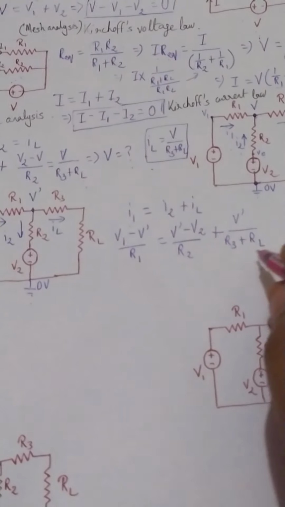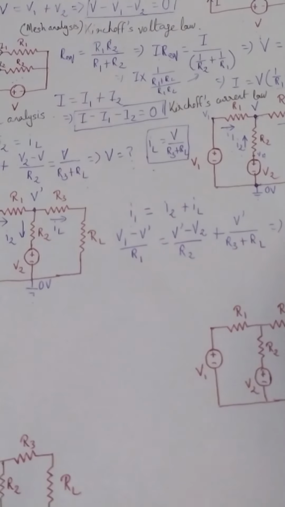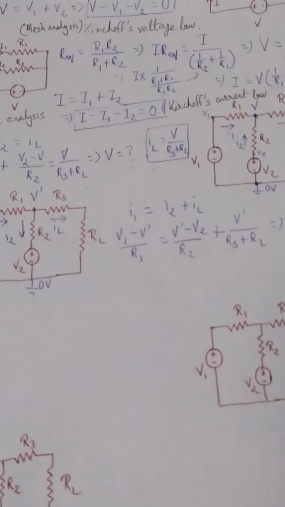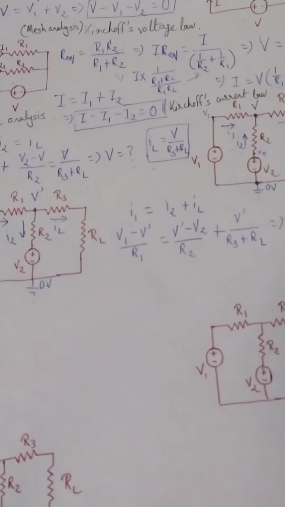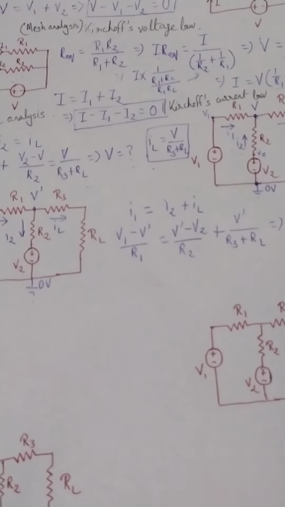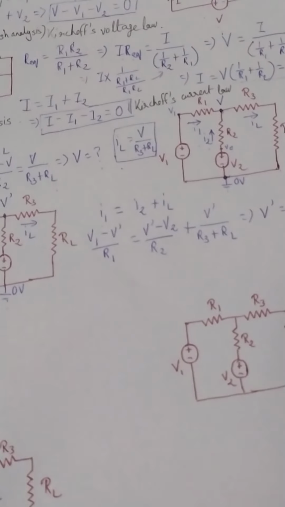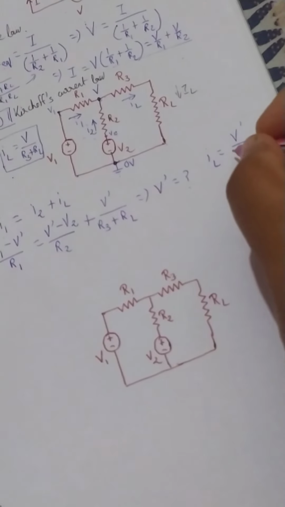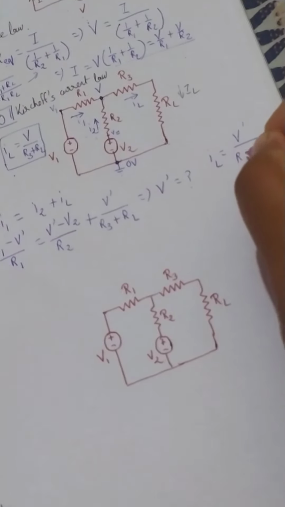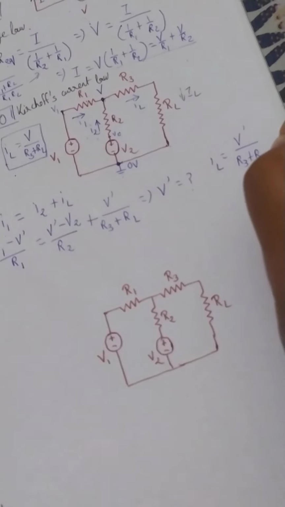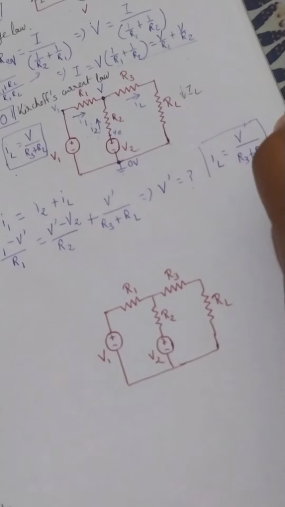If we simplify it, then we could find out V dash would be some value. Now if we are getting V dash, then IL would be nothing but V dash by R3 plus RL. So we would be getting that.